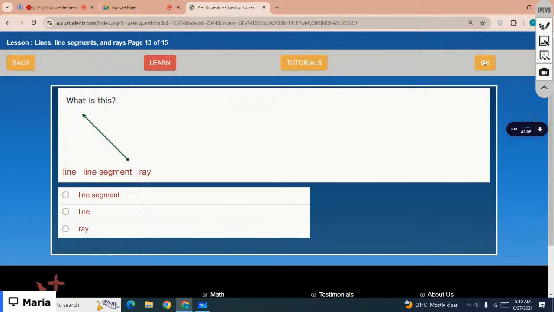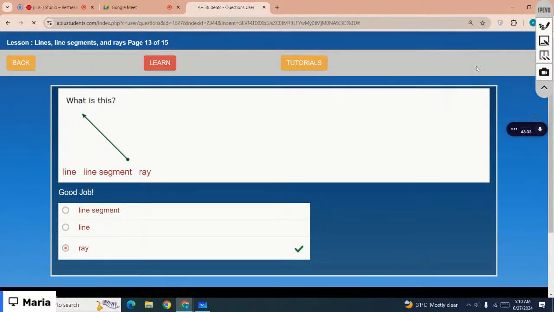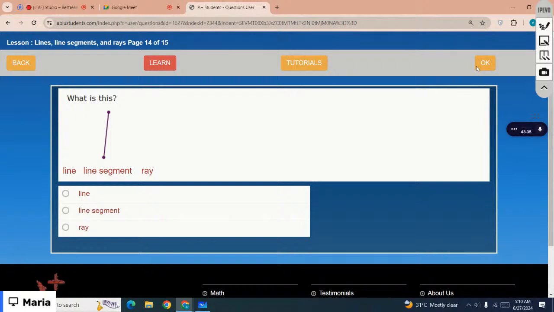What is this, line, line segment, or ray? Ray. The correct option is ray. What is this?